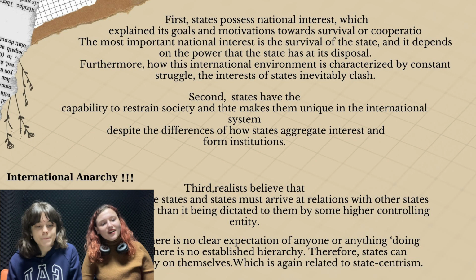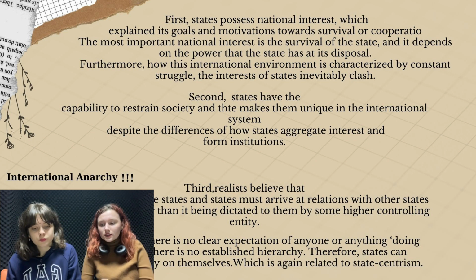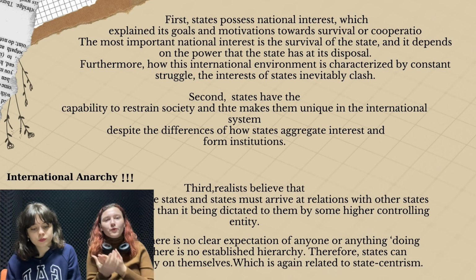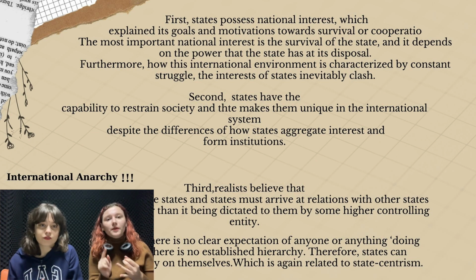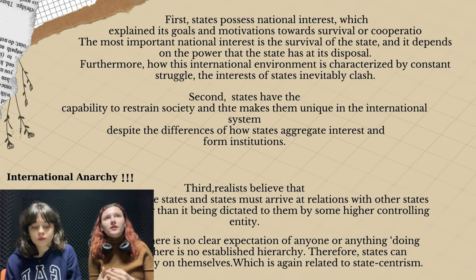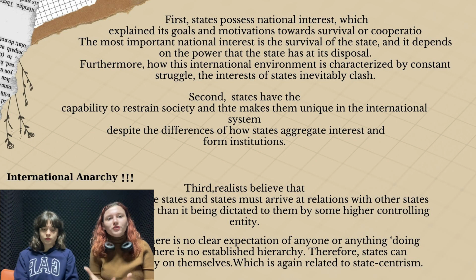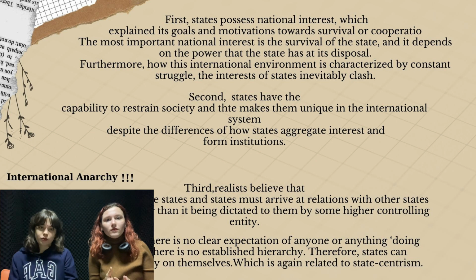Okay. Now moving on to international anarchy. Within the states, there are police, military forces and courts, and we go to these and we have expectations from these. They're seeking the security of the state.